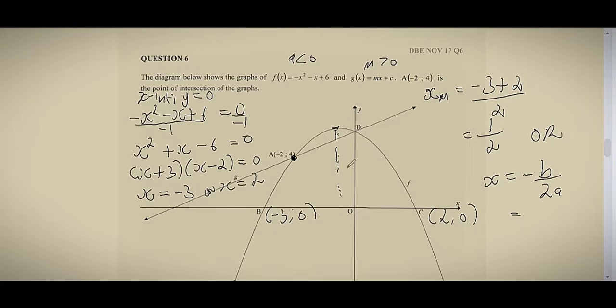So at this point, we can say our a is -1, then our b is also -1, then our c is 6, right? So now we can substitute negative, and then we have -1 here, then 2 times -1. So negative and negative, that's positive. So this will give us negative from here, -1 over 2.